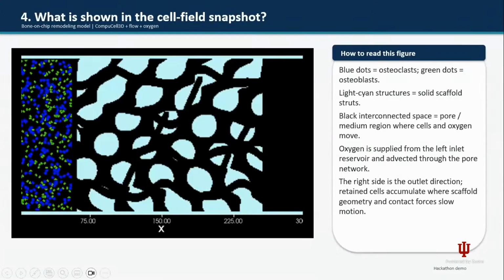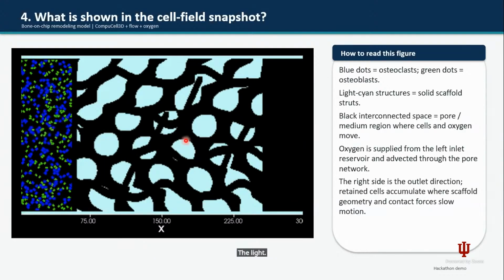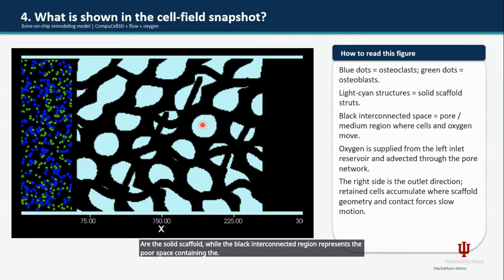Here we can see the actual simulation domain. Just a moment. On the left is the initial cell seeding and inlet region. The blue cells are osteoblasts and the green cells are osteoclasts. The light structures are the solid scaffold, while the black interconnected region represents the pore space containing the culture medium.